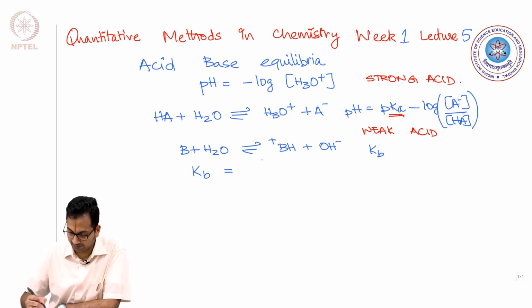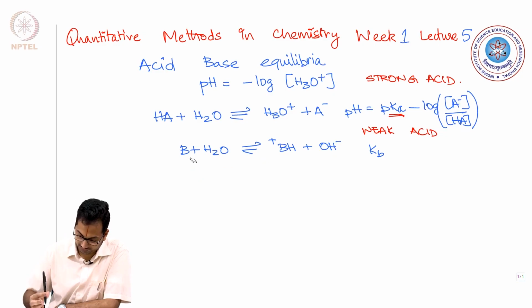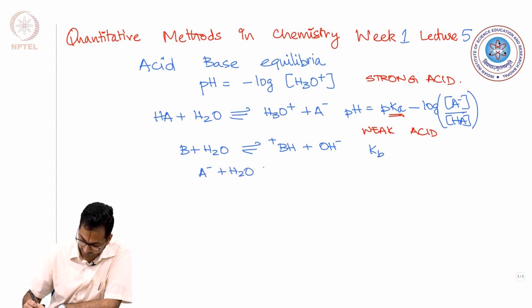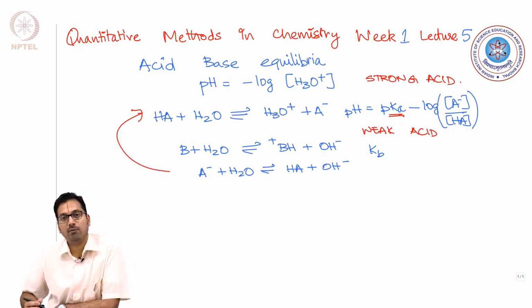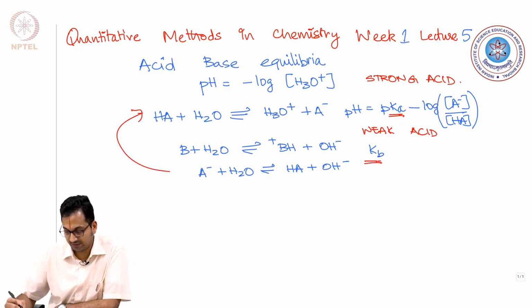So, let us take a similar example as we had taken earlier. For instance, let us say you have A minus plus H2O giving HA plus OH minus. So, similar to the acidity constant that you have seen before, we are talking about Ka and Kb for the same chemical.